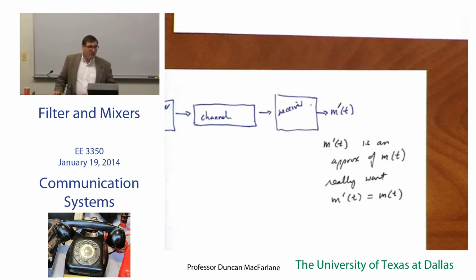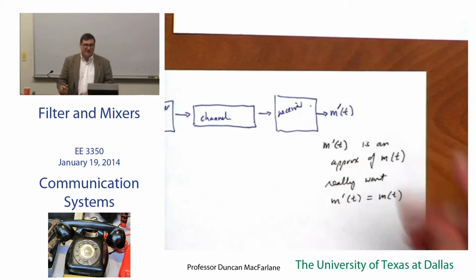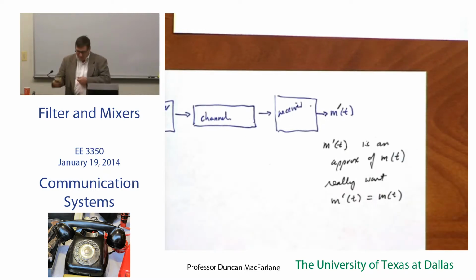And just a quick word on my notation. The prime is not a derivative. Okay? It's not a derivative. It just means that it's close but no cigar. Or maybe it is exactly this thing.